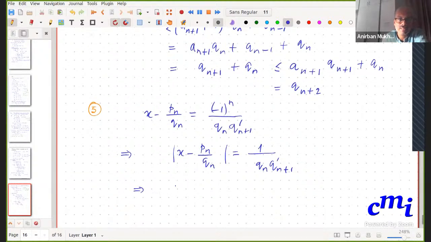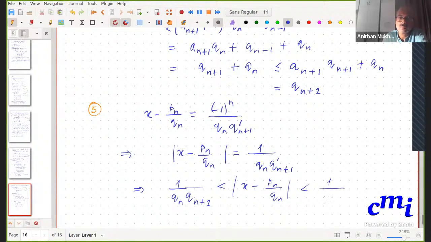Therefore, what we get is 1 over Qn plus 2, which is strictly less than x minus Pn by Qn, which is less than 1 over Qn plus 1.